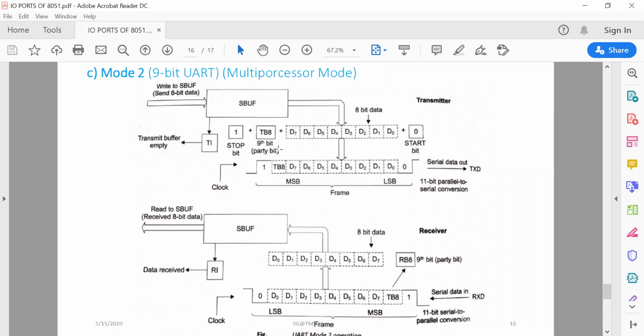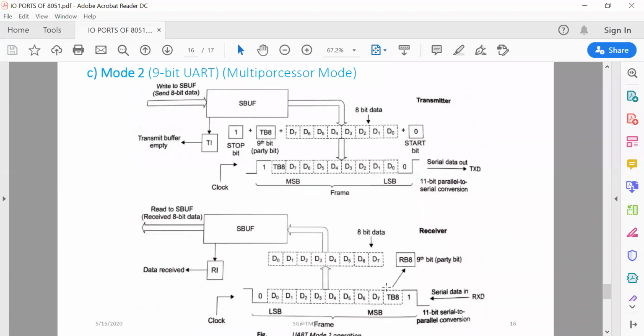In the same way, for reception, you must set receiver enable REN equals 1, and a high to low transition will be there. So if it detects high to low, that means it is a start bit, and the received 8-bit data is loaded into the SBUF register.